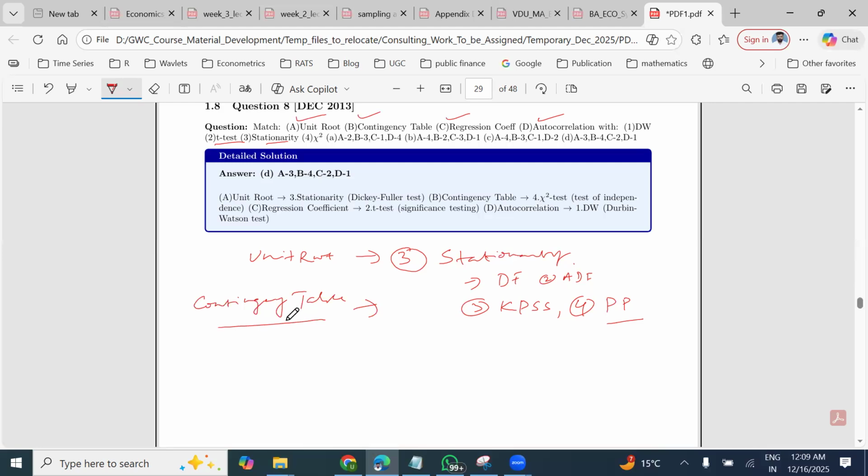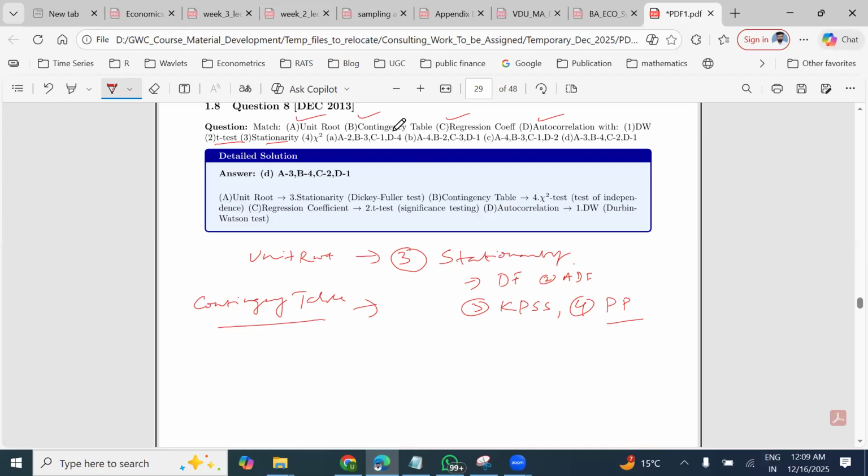Basically it gives frequencies, like suppose you have male and female in a sample survey. I'll show you that.